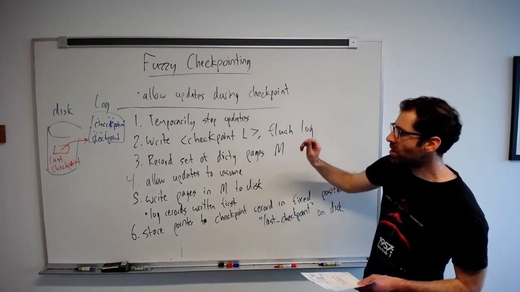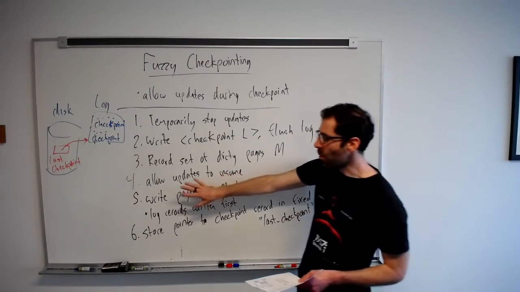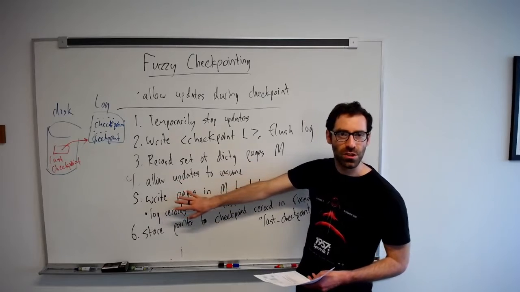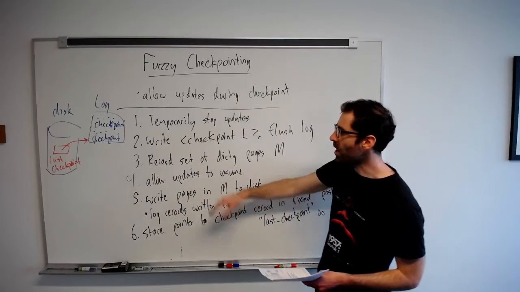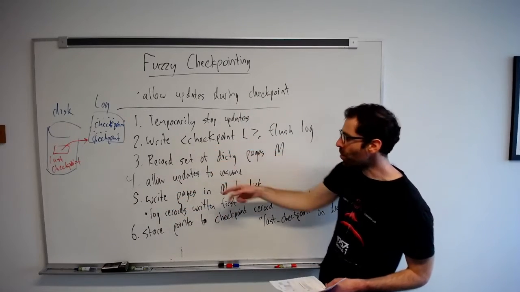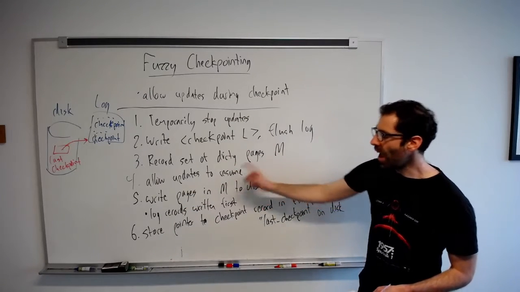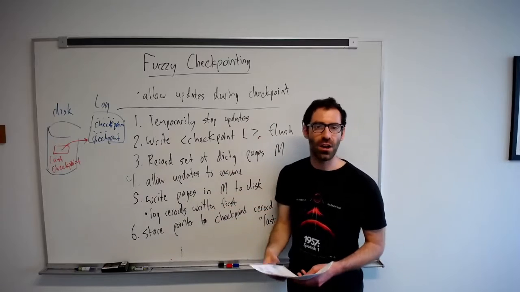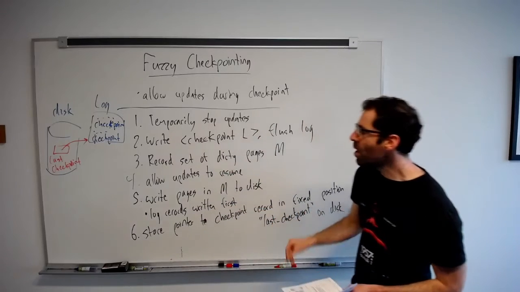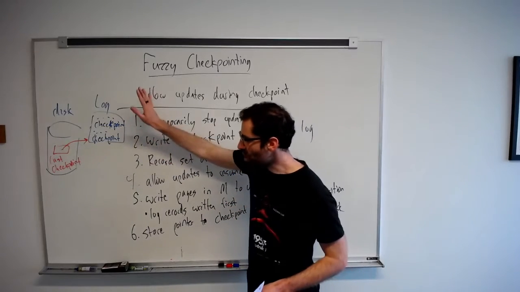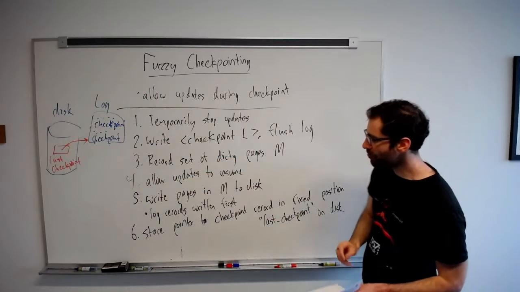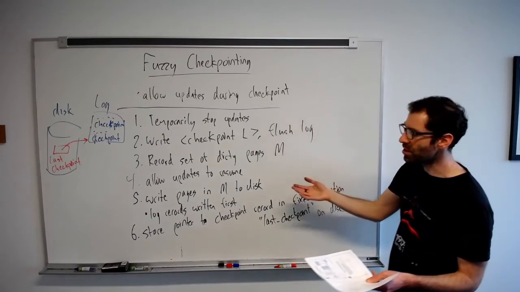So it's possible that we would write out changes that were caused by records after this checkpoint, right? Because we're allowing updates to resume. So these pages, as we're writing them out, may have had other updates to them. But all the records before this checkpoint, we know they're on disk.